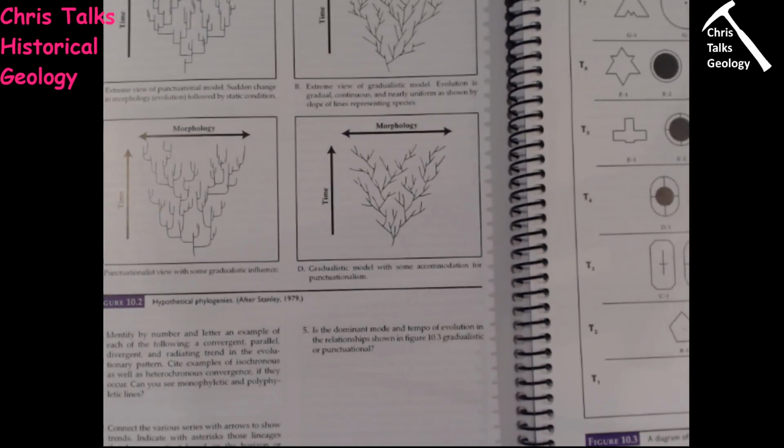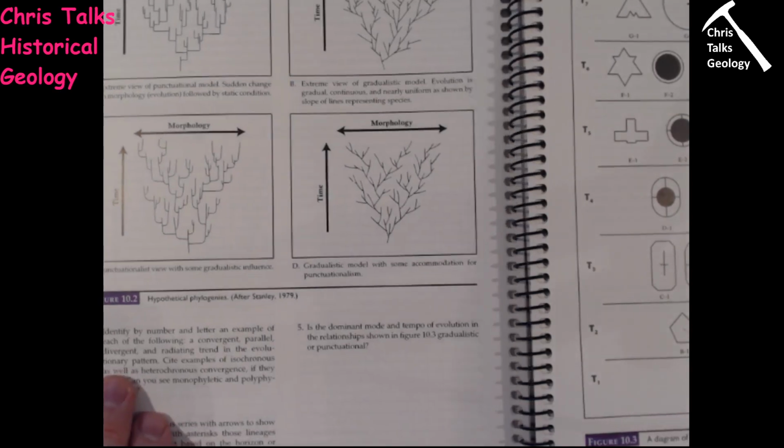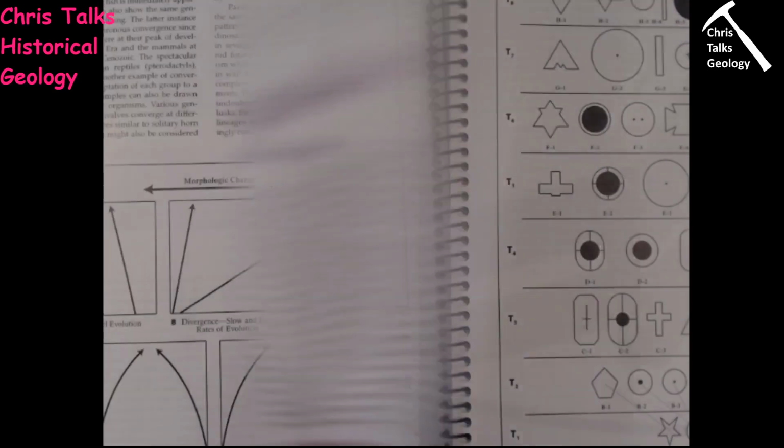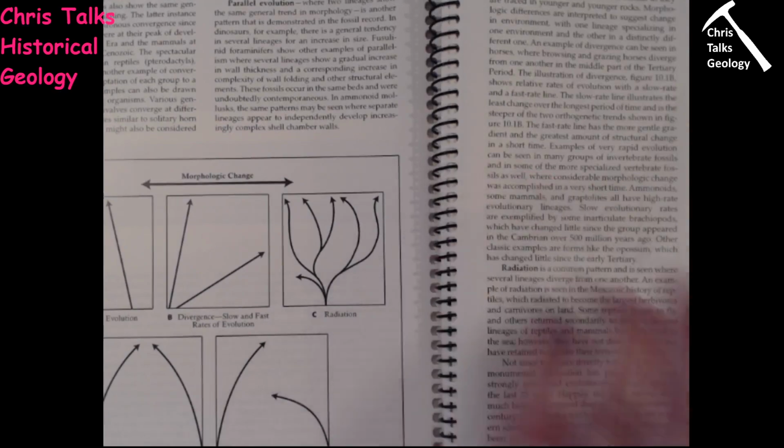And then question 5: is the dominant mode and tempo of evolution in the relationships shown in figure 10.3 gradualistic or punctual? Once again, if you're uncertain about your terms, you can look at the lecture, or you can refer back to the text at the start of the exercise.